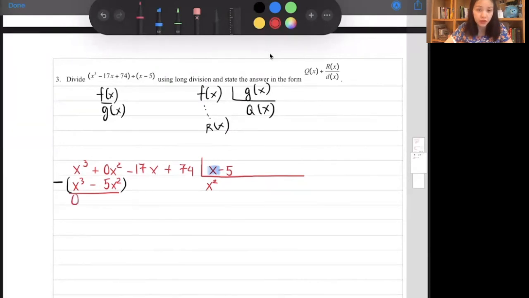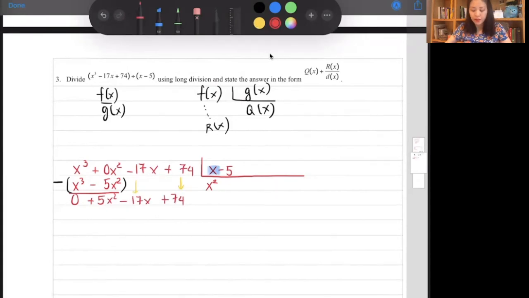It should be 0 because we deliberately make sure of that, right? 0x squared minus 5x squared, which is positive 5x squared. And now we bring down the negative 17x and the 74, just like the old-fashioned long division with numbers. So minus 17x plus 74.